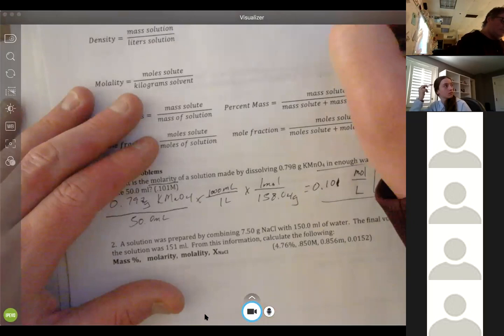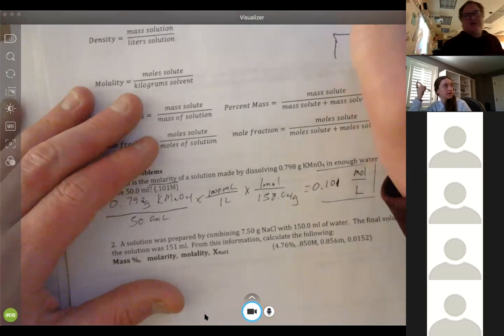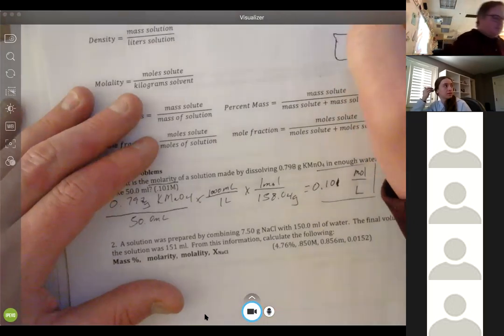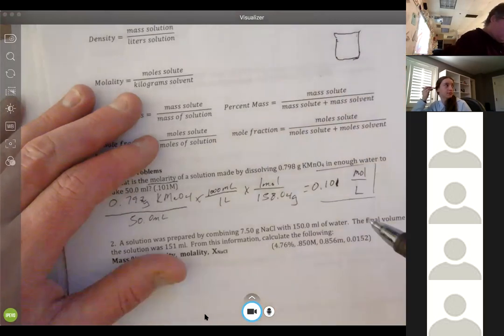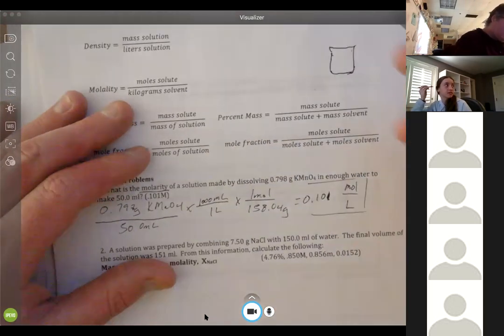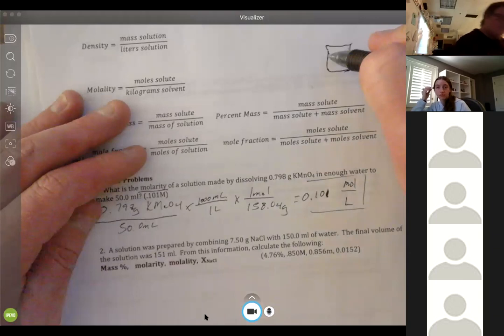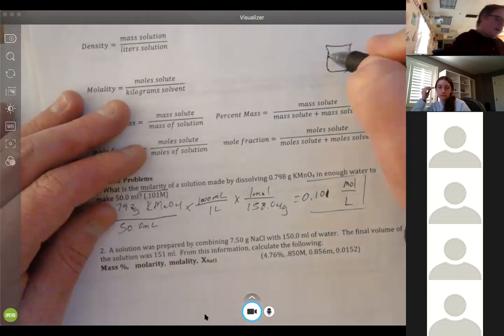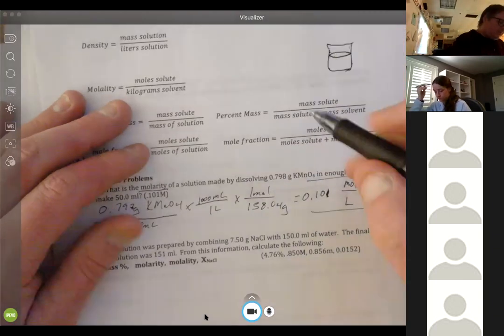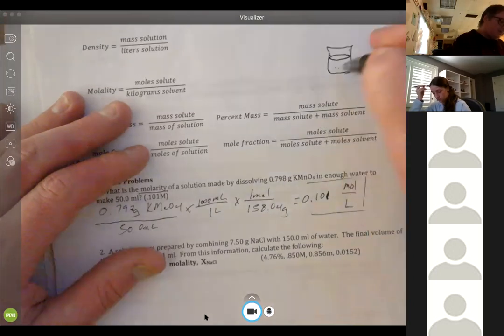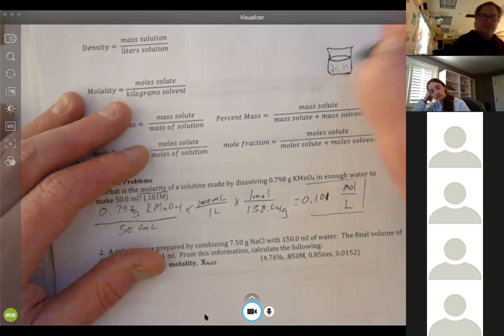Yep. Okay. So what we've got going on here is we've got 150 milliliters of water. We're adding 7.50 grams of salt to it. That increases the volume by what looks to be 1 milliliter.